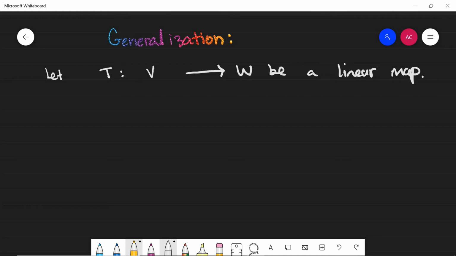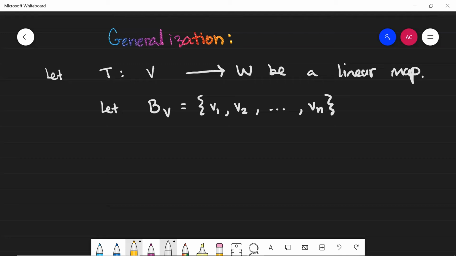So what I'm going to do is let B sub V be a basis for the codomain. Now I need to label these in some way. In the previous example, they were just 1, x squared, and x cubed. But here, I'll just call them V sub 1, V sub 2, etc., until I get to V sub n. In particular, I'm assuming that V is n-dimensional here.